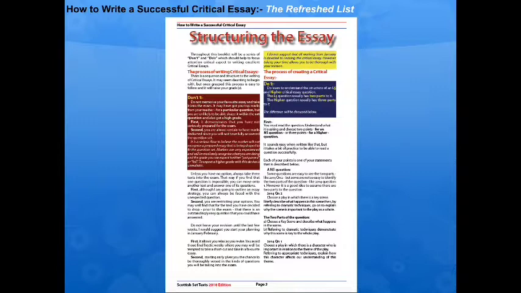That's your statement. Here's my proof. That's your quote. Here's how my proof qualifies my statement, improves my statement, and then finally, here's my evaluation. Here's how I was affected by and how I felt about this particular element of the essay. And that, as I say, is explained in quite a bit of detail.